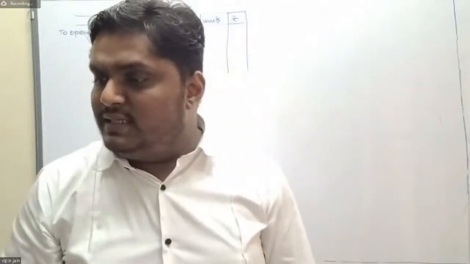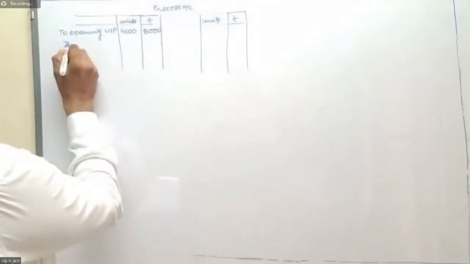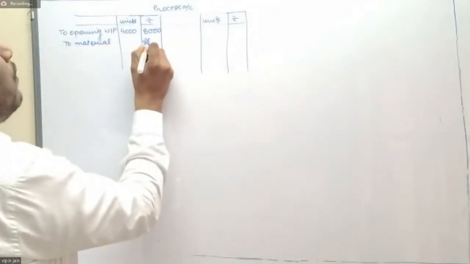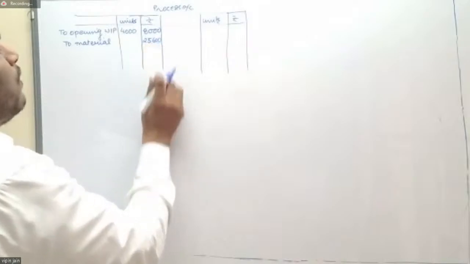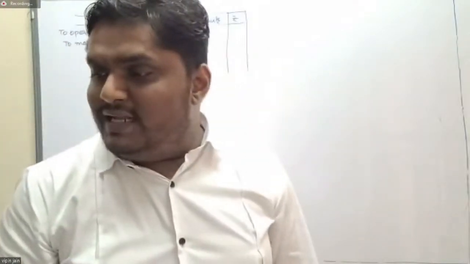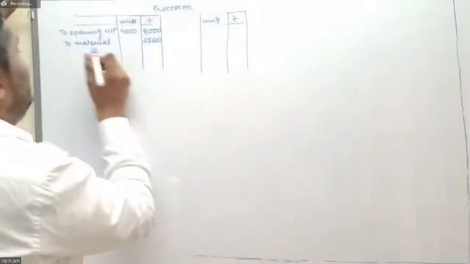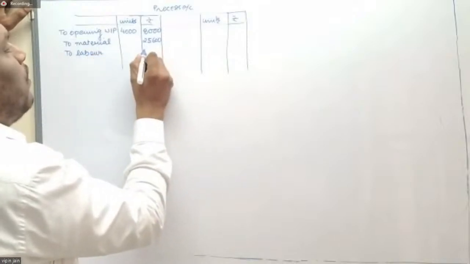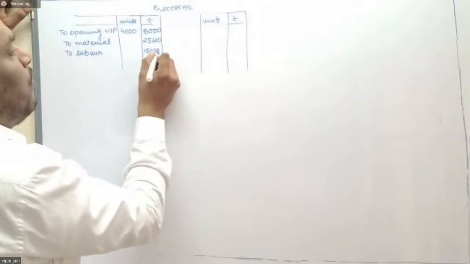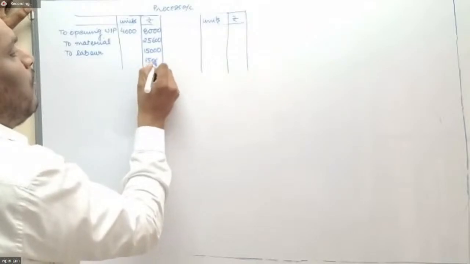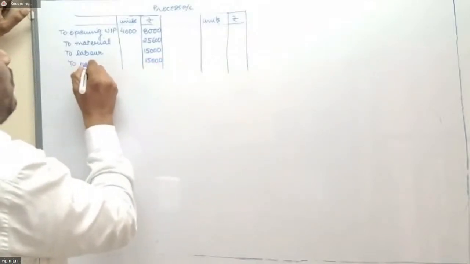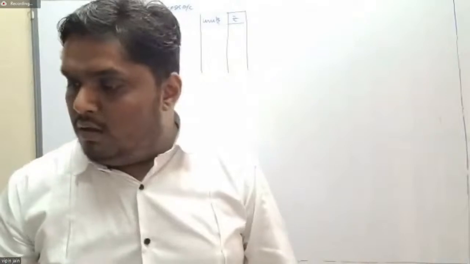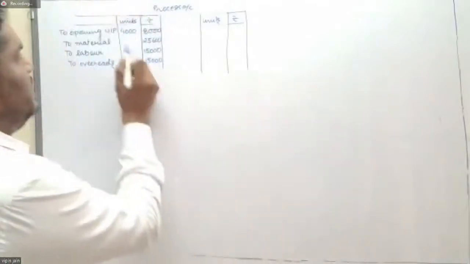Material is given, that is 25,600. So to material. Labor is given, that is 15,000, and overheads are also 15,000. The units introduced are 16,000.